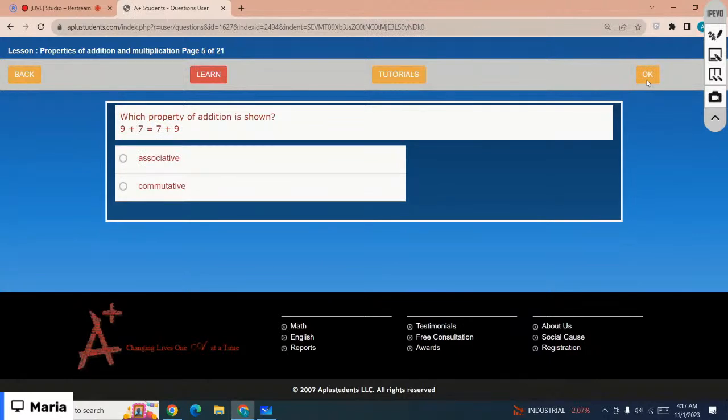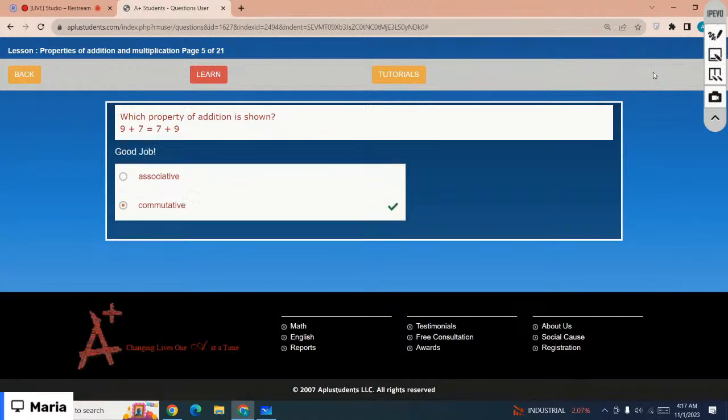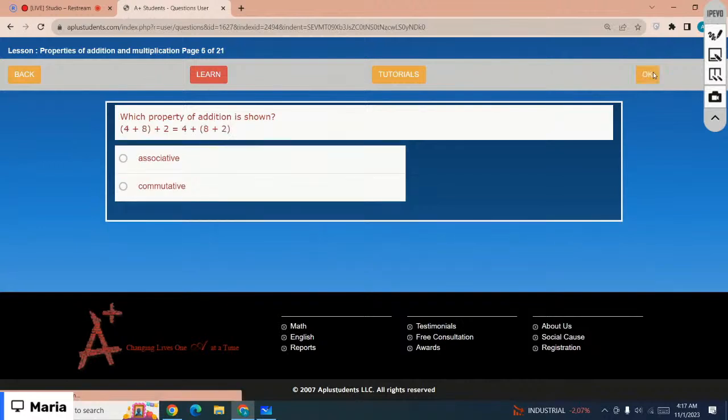Which property of addition is shown? Which is the correct option? The correct option is commutative property, right? Which property of addition is shown? Which is the correct option?